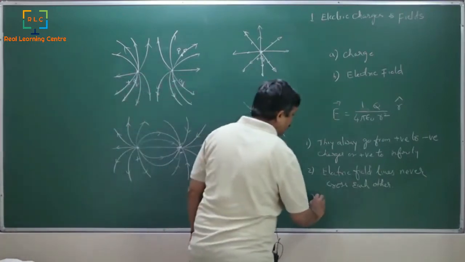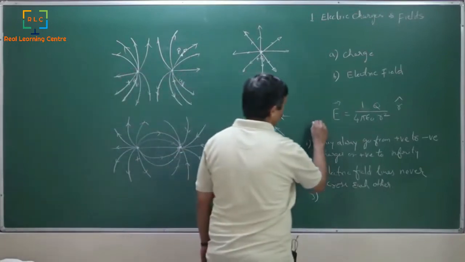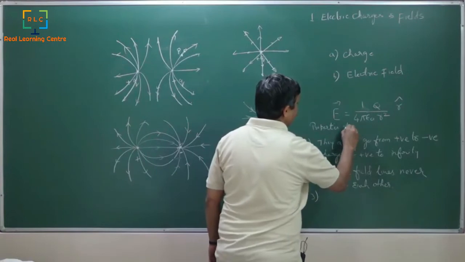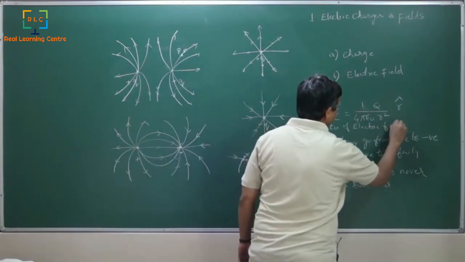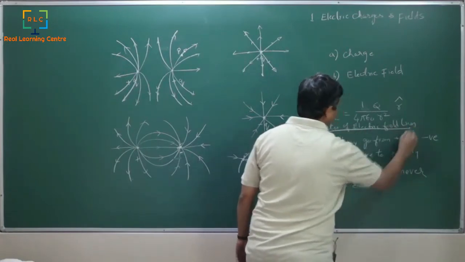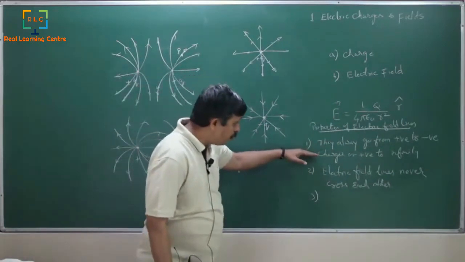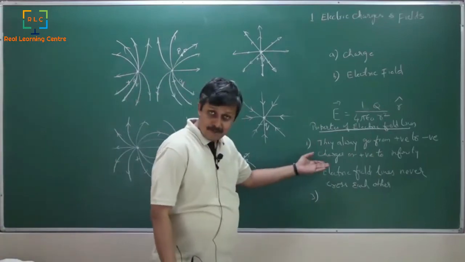What are the properties of electric field lines? Such questions do come. First property: they always go from positive to negative, or from positive to infinity.